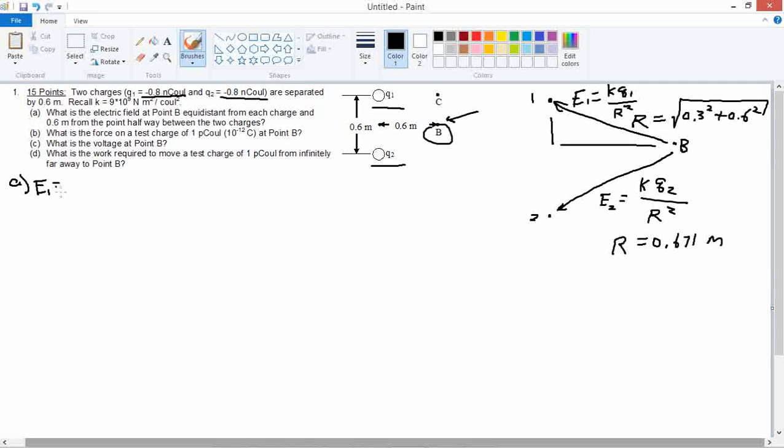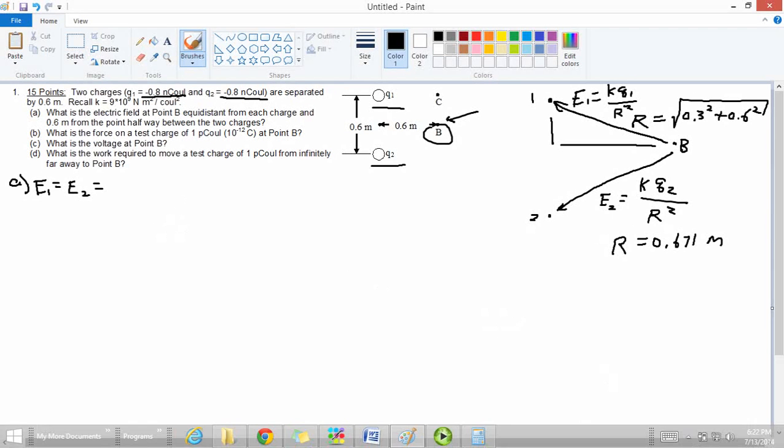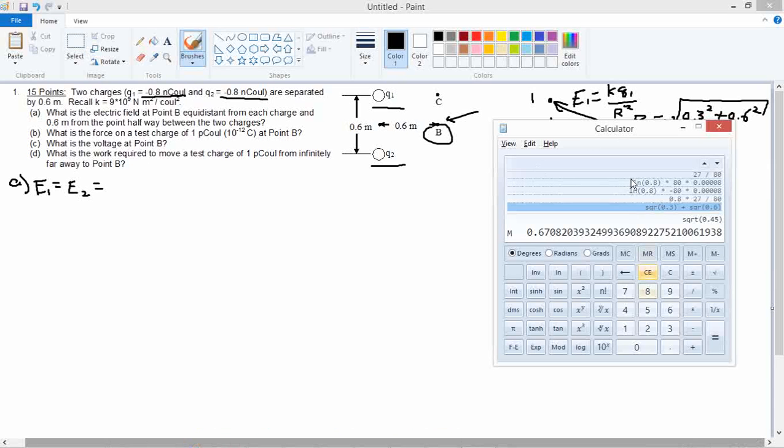The magnitude of E1 equals the magnitude of E2 equals, crunch the numbers. So here's R squared. Take the reciprocal, multiply by k, which is 9 times 10 to the 9th power, times Q1, 0.8, change sign, times 10 to the negative 9th power.